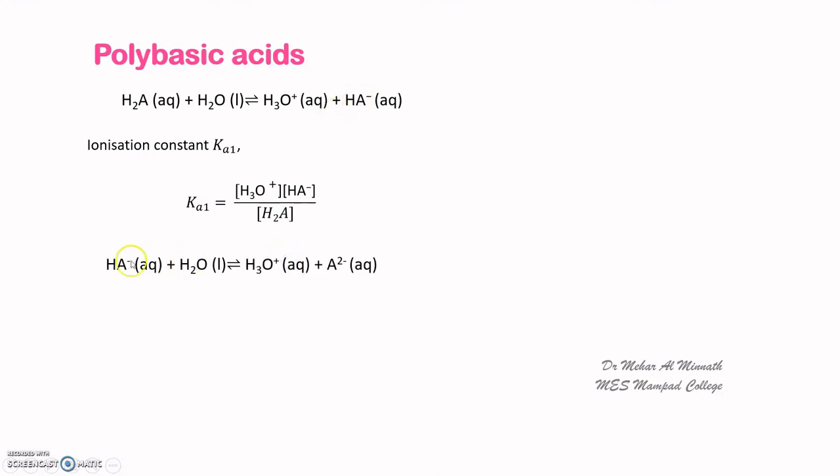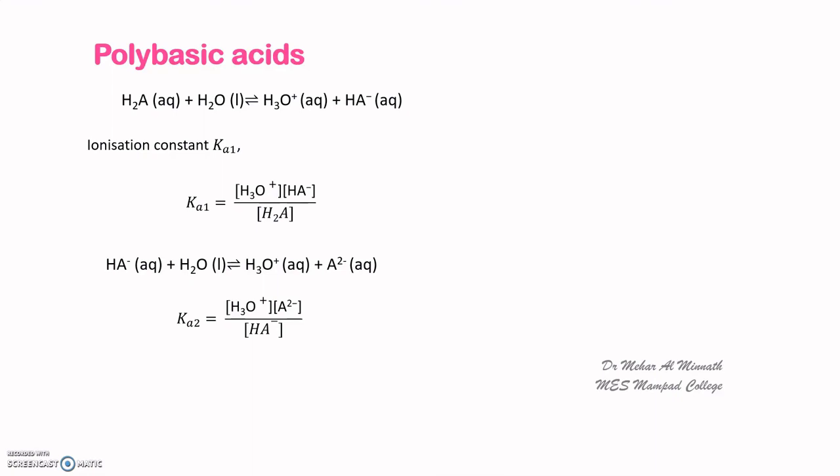That ionization can be written as HA- plus H2O giving H3O+ and A2-. Its ionization constant Ka2 is the concentration of H3O+ into the concentration of A2- divided by the concentration of HA-. So you have the first and second ionization constants for a dibasic acid. For a tribasic acid, you will have first, second, and third ionization constants.